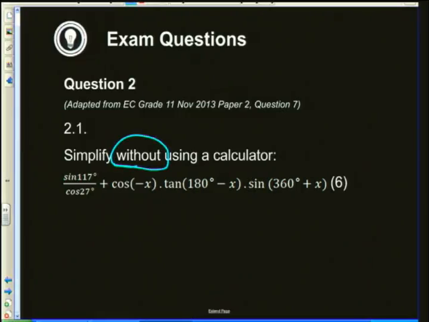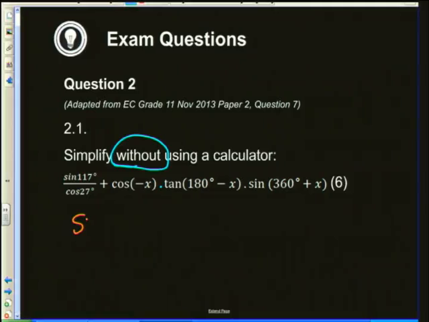We are given sine 117 divided by cos 27 plus cos of negative x, multiplied by tan(180 minus x), multiplied by sine(360 degrees plus x). Since we're not going to be using a calculator, we'll probably use special angles and reduction formulae. So let's take it away.